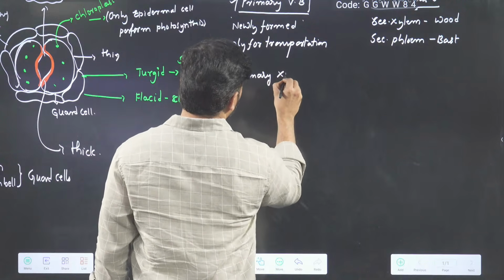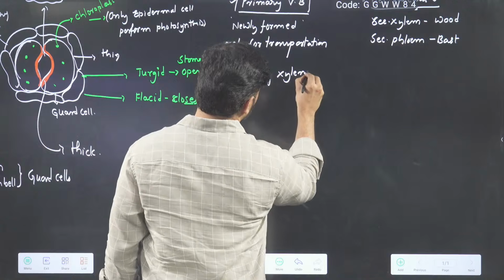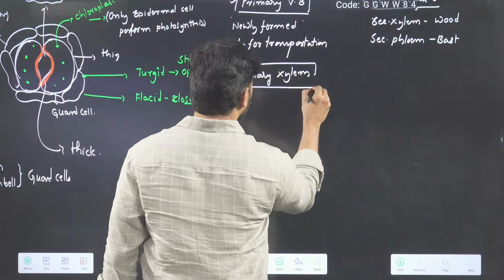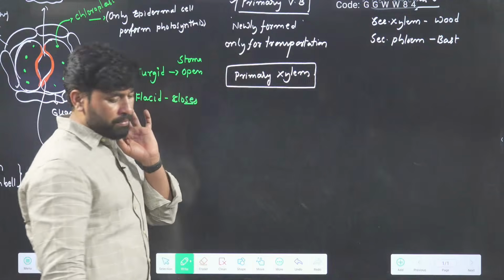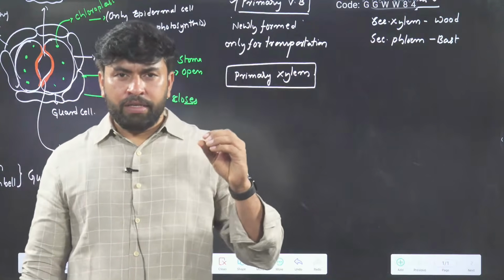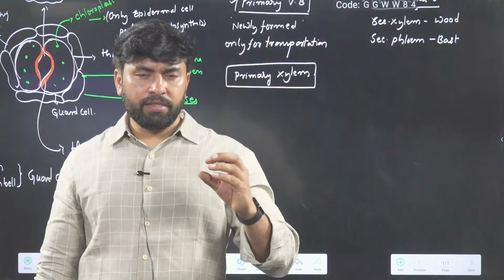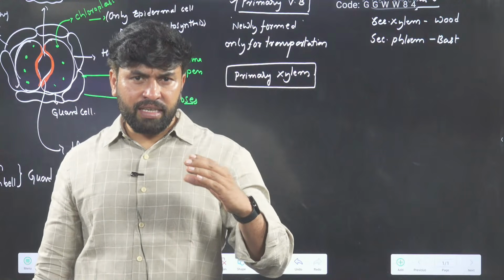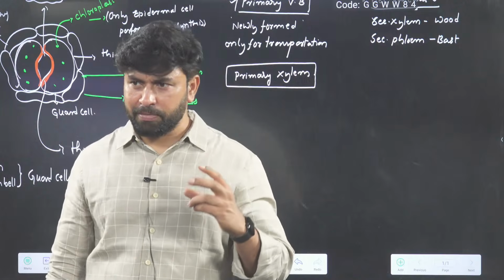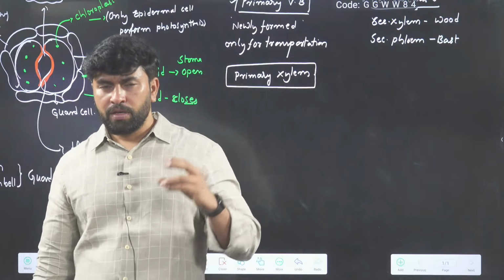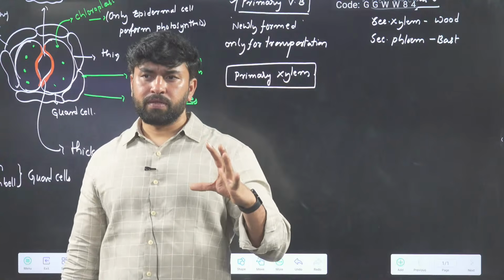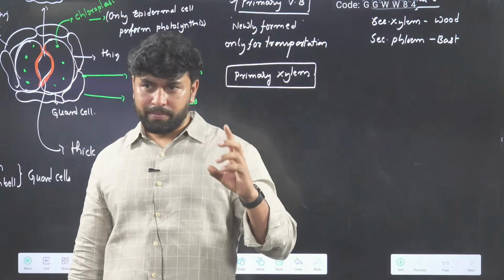First I will discuss primary xylem. Whatever we discuss about primary xylem will also be applicable to primary phloem. Listen: xylem and phloem always synthesize together, work together, die together. If you see a place where phloem is absent, xylem is ready to die.